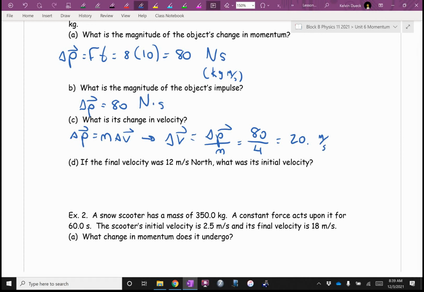Okay, here's what it means. If your final velocity was 22, your initial was 2. That's a change in of 20. Or if your final velocity was 30, your initial was 10. Ooh, what if your final velocity was positive 5? What was your initial?